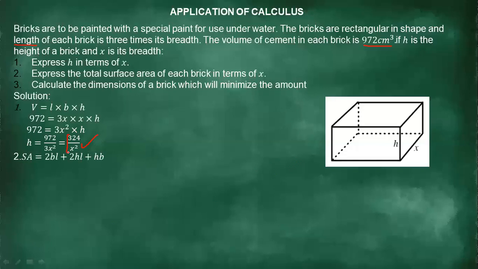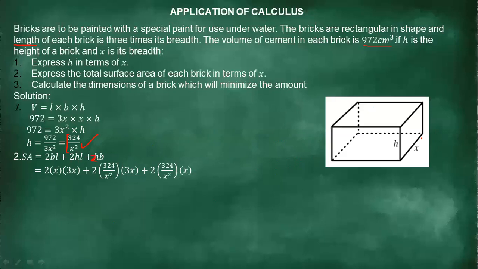The surface area formula for this rectangular box is 2 times breadth times length plus 2 times height times length plus, it's supposed to be 2 as well here, 2 times h times b. And this what we are having, breadth, we can see breadth is x, and we said the length is 3 times its breadth.